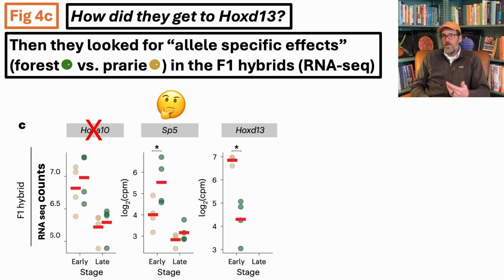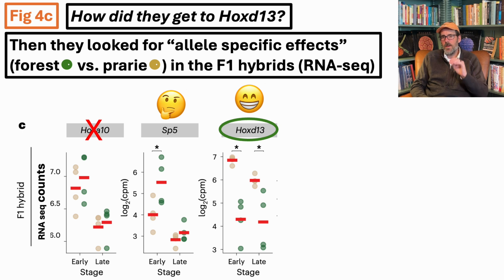But then HOXD13, early and late, significant differences, significant decline in expression. So there's less expression of HOXD13. Maybe that's what's leading to continued pre-mesodermal cell proliferation or continued stem cell population growth, that is more stem cells producing more cookie dough for tail formation.